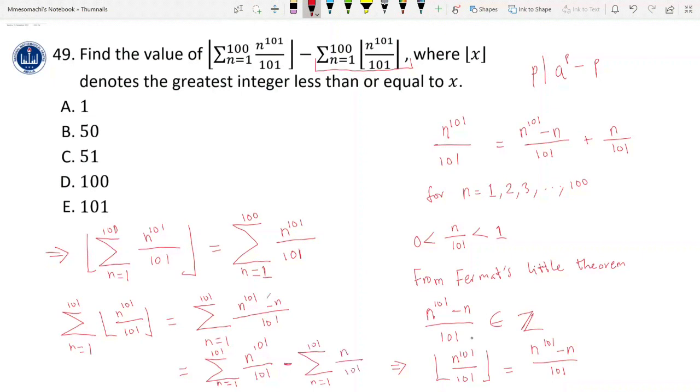So I just split this fraction here. That's just the distributive law of division.